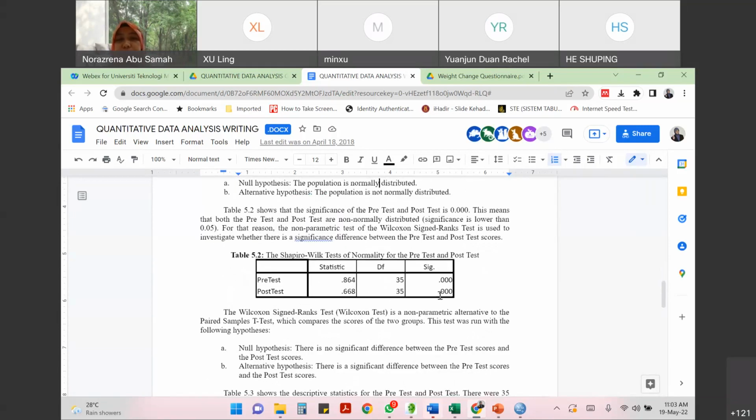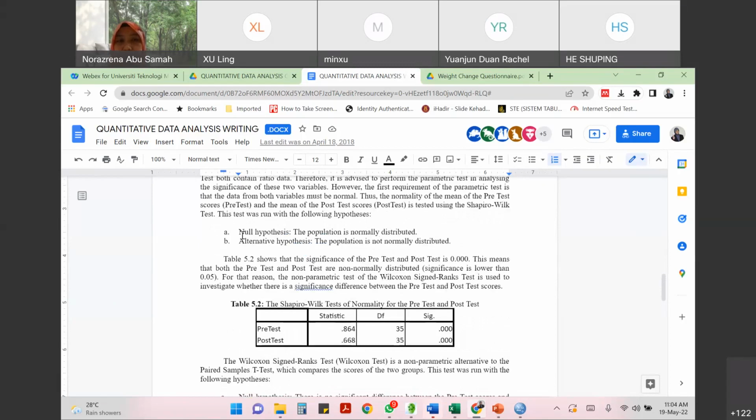If you want to compare both, you must make sure that both variables are normal. So you will look at this significant value. To ensure that it is normal, the significant value must be greater. It's not like a parametric test, where you must make sure that the significant value is less than 0.05.